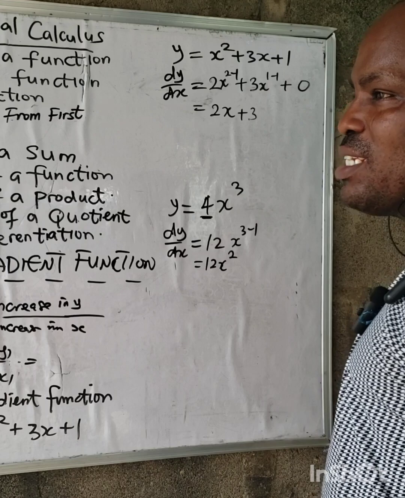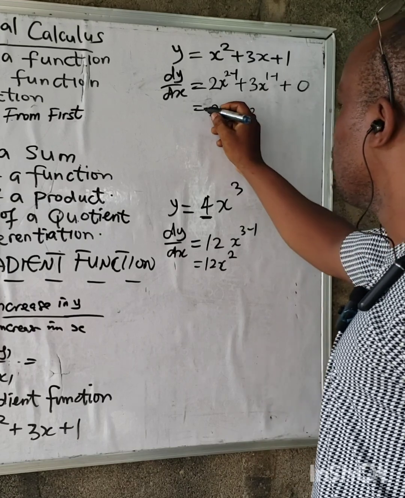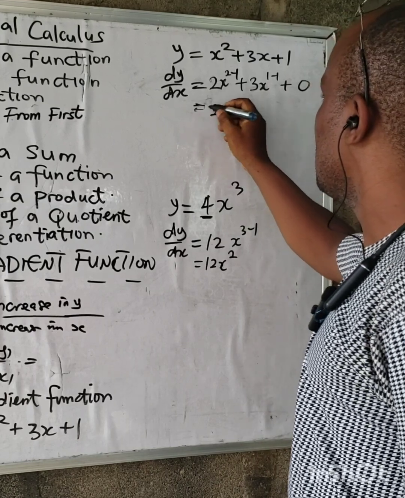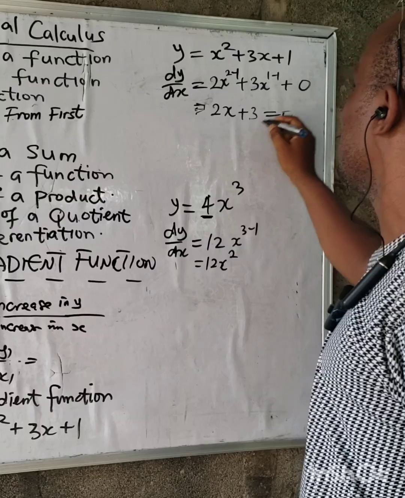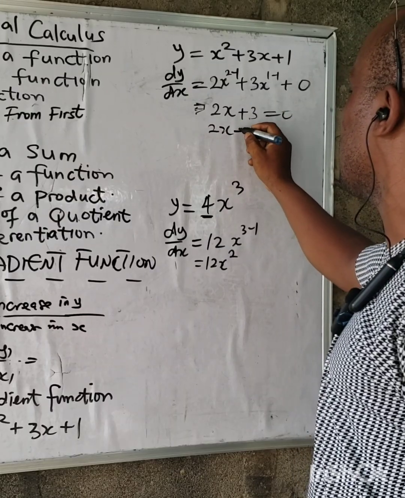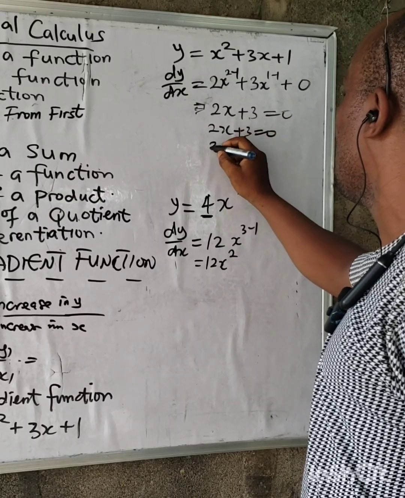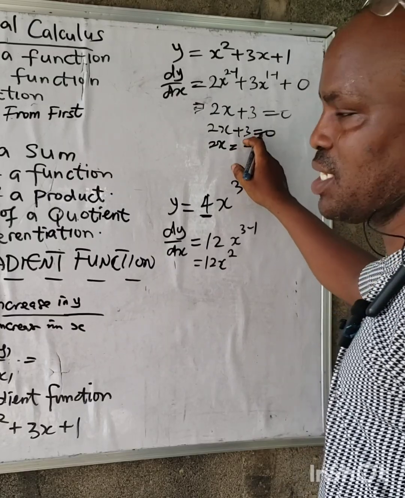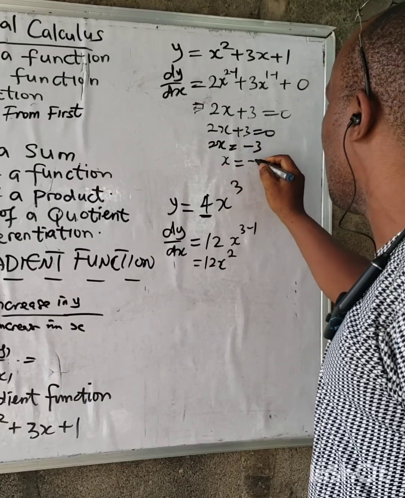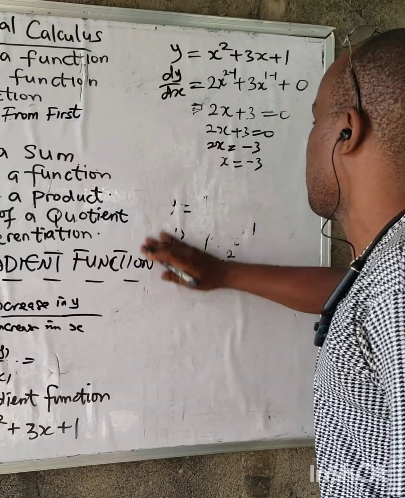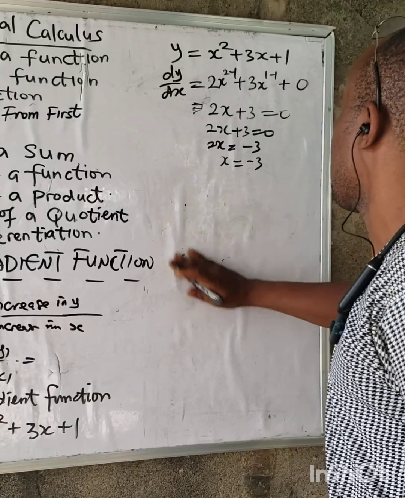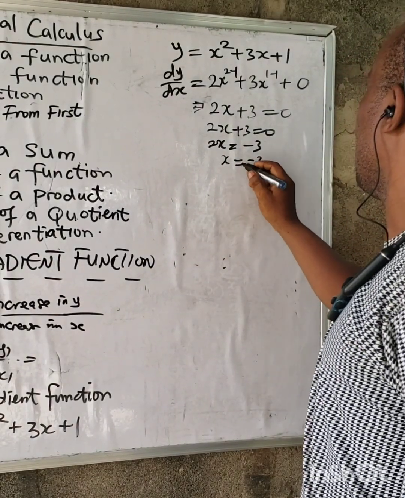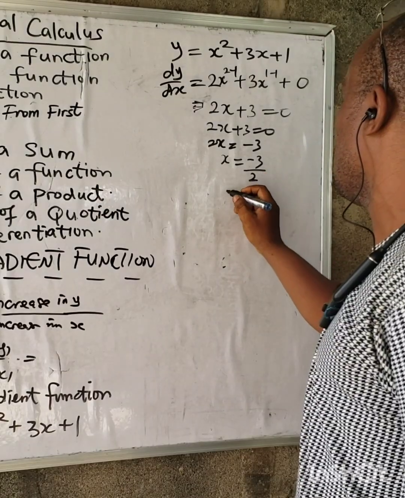And we are asked to find the value of s. We are going to equate this to 0. This is 2s plus 3 equal to 0. 2s equal to minus 3. That's 0 minus 3. s equal to minus 3 divided by 2.